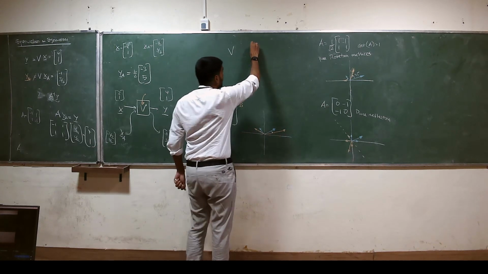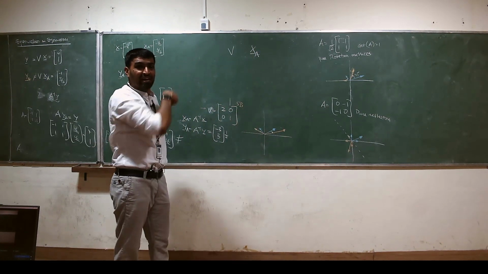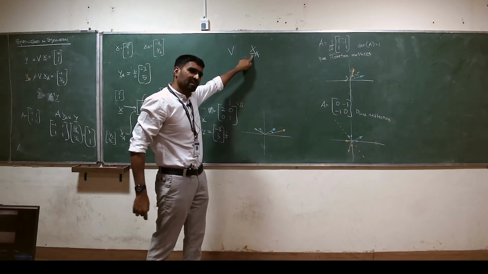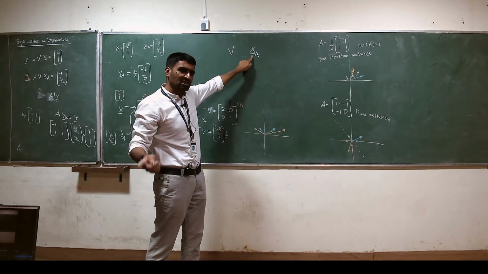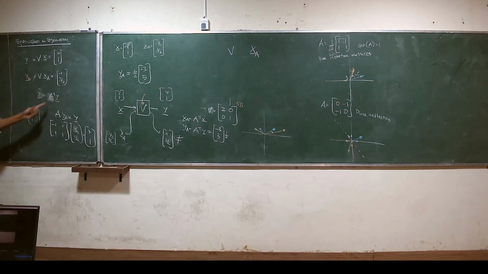But what I have here is Xa, which is in the A basis. How do I go from the representation of the vector in the A basis to the standard basis? When you wanted to go from the standard basis to the A basis, you did A inverse. So if you want to go from the A basis to the standard basis, what do you do? Yeah, you simply switch to A here.